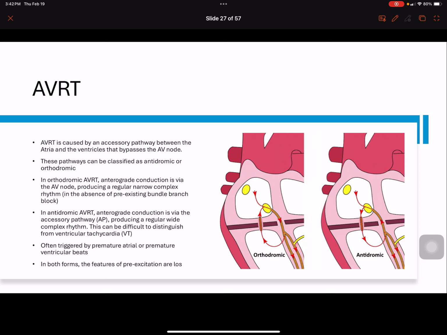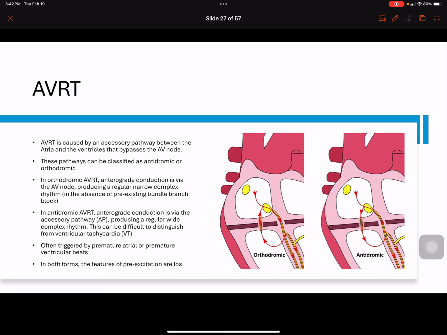All right, we talked about AVNRT, which is where the AV node has an accessory fast pathway in it. And then we have AVRT. AVRTs are accessory pathways from the atria to the ventricle. And this can be caused by what we call WPW, and WPW is Wolff-Parkinson-White syndrome.